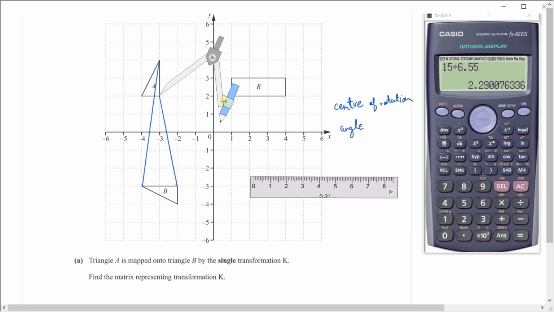So let me take this here, draw an arc here, and then on the other side of the line as well here. Then without changing the length of the compass, I'll place it at this point at B, draw an arc on this side, and draw an arc on the other side as well.